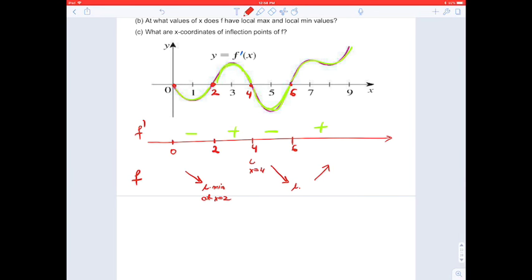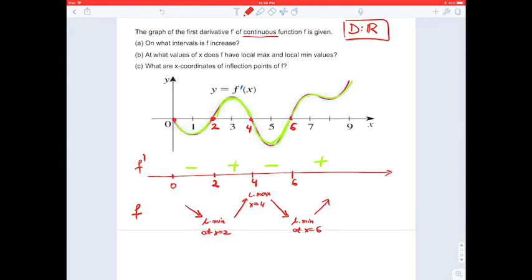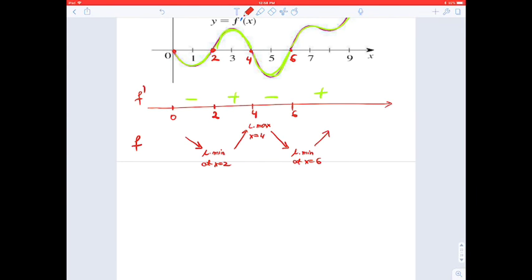We are at the bottom of the hill. Okay, and then we are on the top, local maximum value, and then local minimum value at 6. We can see we have really nice characteristic information from the derivative about the function.